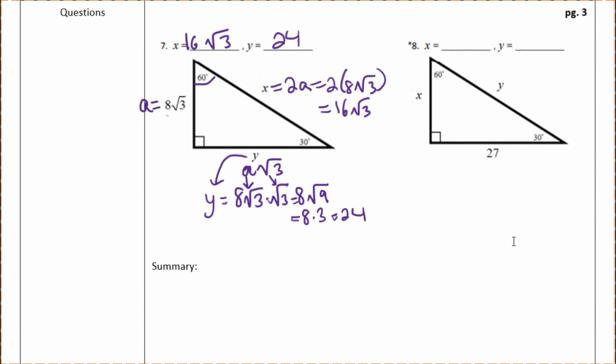All right, and then the last one, we have another 30, 60, 90 triangle. The side closest to the 60 that is shorter is a. So a is just x. This side is a square root of 3, so that has to equal 27. So we have to solve for a.